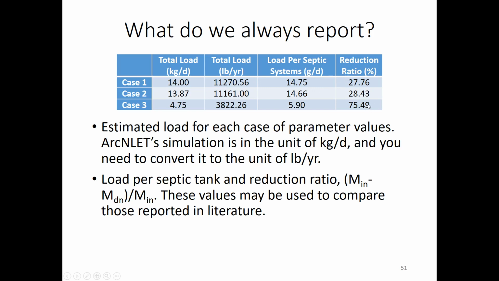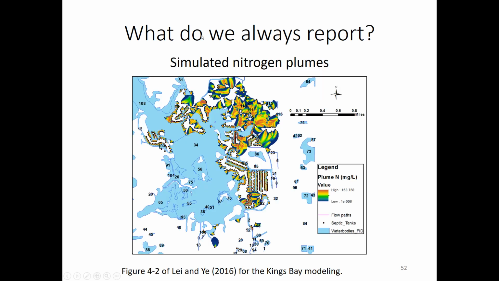For example, many report a reduction ratio of about 70% or 50%. Once we have our own simulation, we can compare with literature, so we can have some confidence in our simulation results.